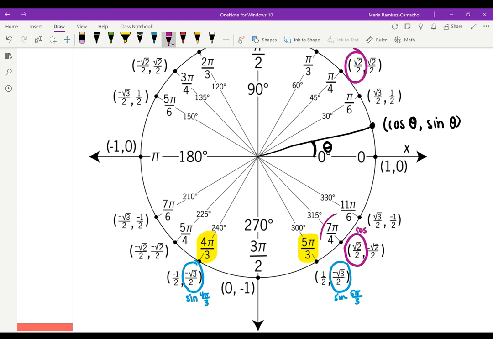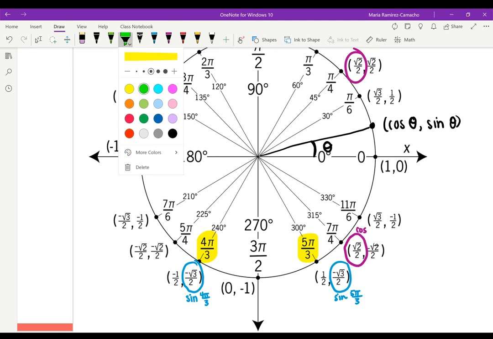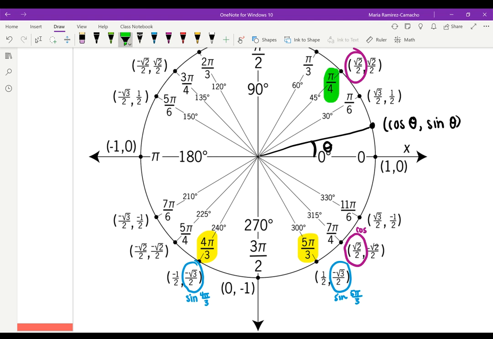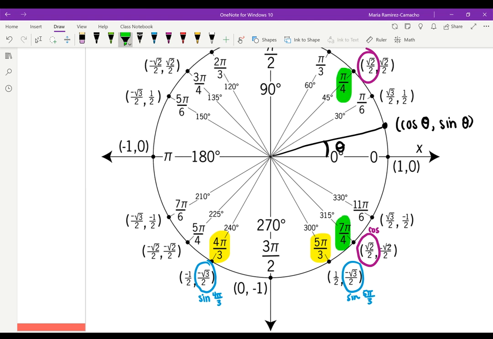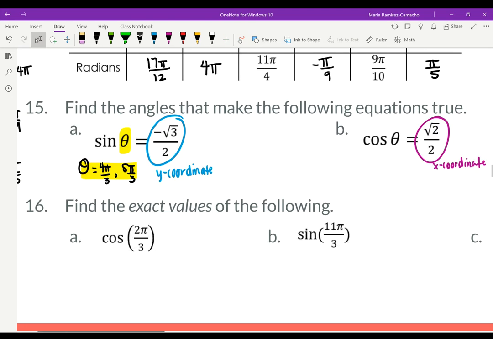The cosine of 7 pi over 4 is root 2 over 2, and the cosine of pi over 4 is root 2 over 2. And so our solutions for part B are pi over 4 and 7 pi over 4. Again, you can write your answer in degrees if you want to.